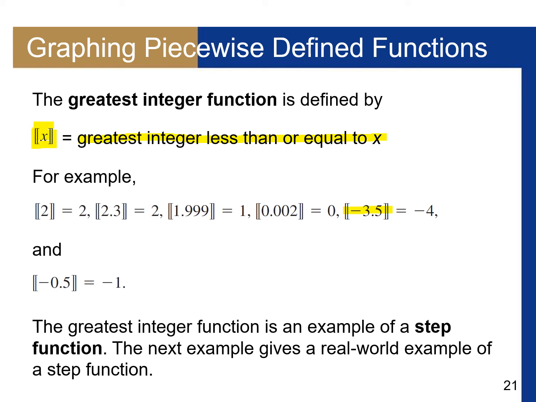So we can't say that because it says specifically we want the greatest integer less than or equal to negative 3.5. So the greatest integer less than or equal to negative 3.5 is negative 4.